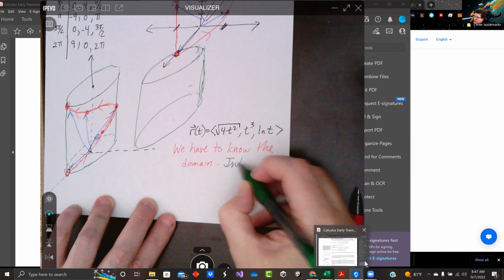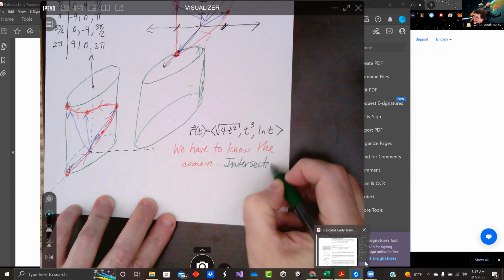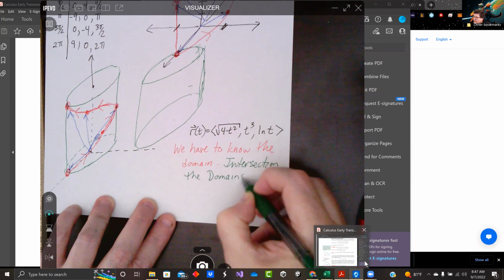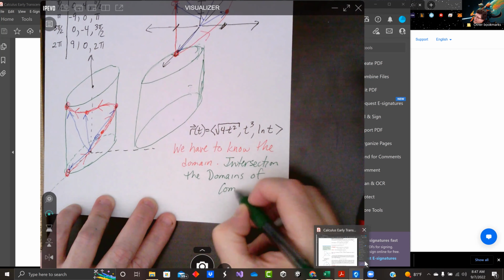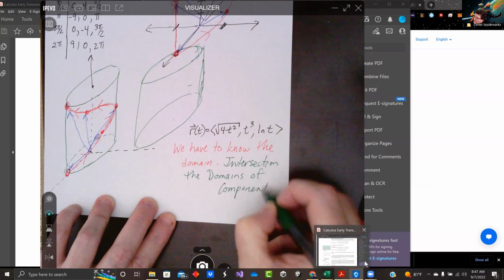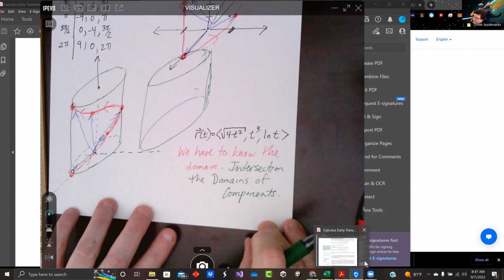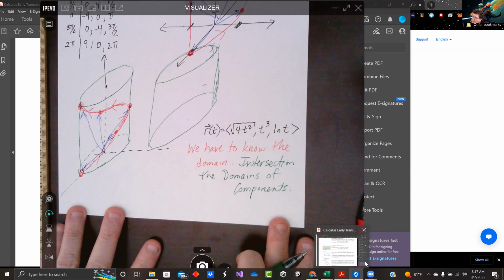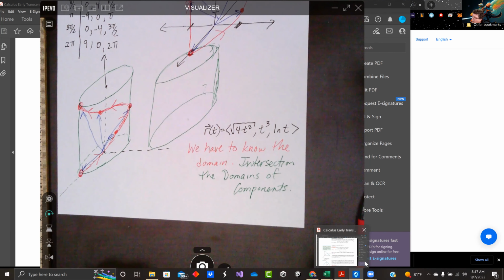So it's the intersection of the domains of the components. So 2 of these have domain restrictions. T cubed doesn't. T cubed could be anything.